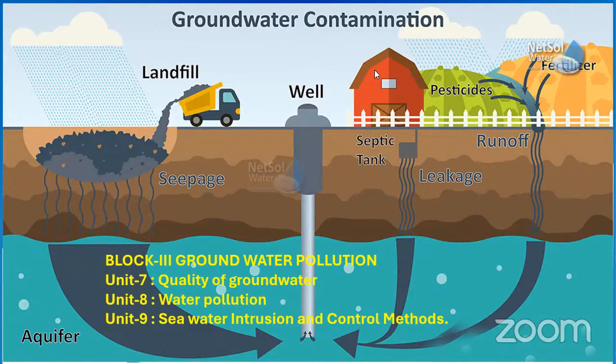Here you can observe pesticides and fertilizers, after rainfall, again contaminate the nearby streams, and through runoff and infiltration they reach the aquifer system, contaminate the groundwater, and pollute it.